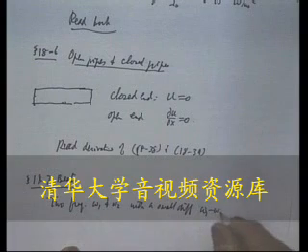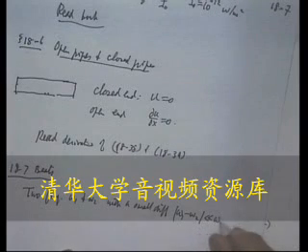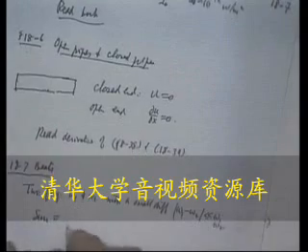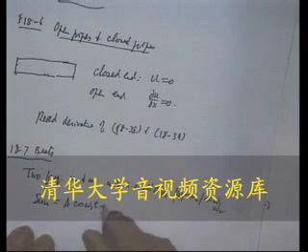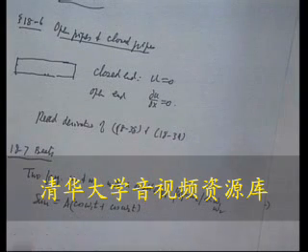Omega 1 minus omega 2 is much less than omega 1 and omega 2. Then we ask, what is the sum? The sum equals a cosine omega 1 t plus cosine omega 2 t. If the two amplitudes are different, the phenomenon of beat is not as clear. It's most clear if they are the same amplitude.